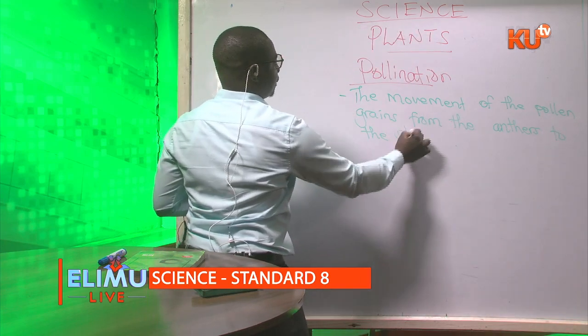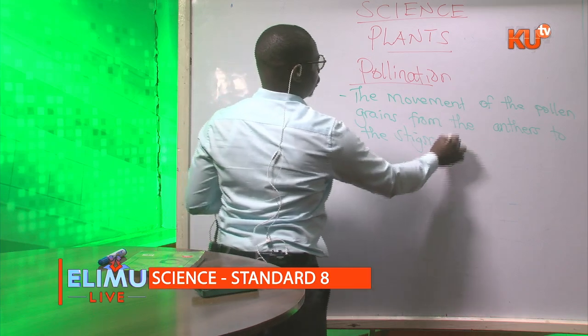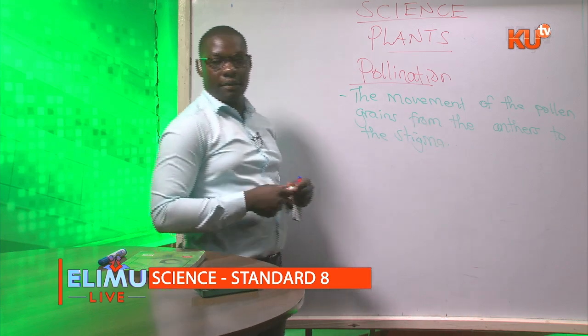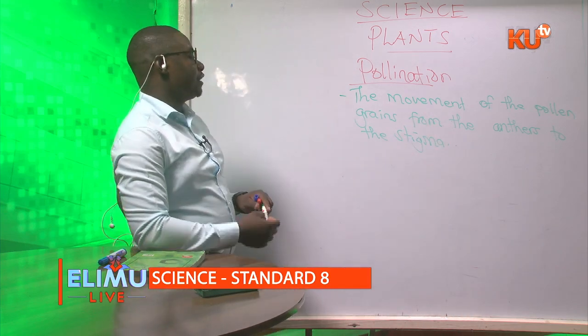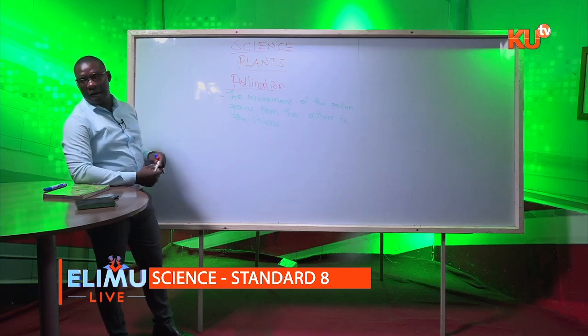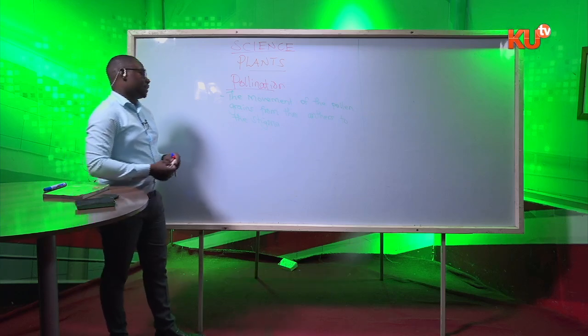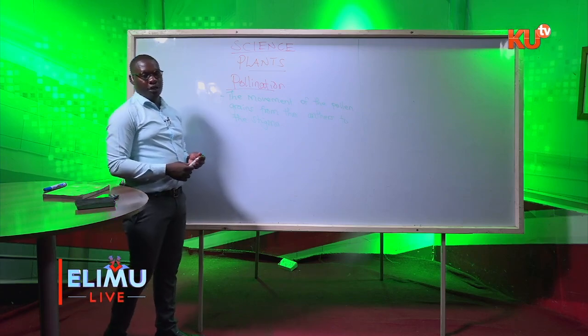That is the definition of pollination. So pollination is the movement of pollen grains from the anthers to the stigma. That is what we call pollination.